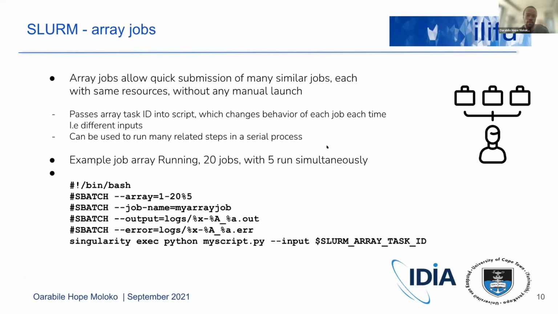In this bash script, I say run 12 instances of myscript.py from 1 to 20, and at every point in time, have 5 of these running. So when the first one ends, the 6th one starts, but 5 are still running. You can also just have them go from 1 to 20, running one job at a time.